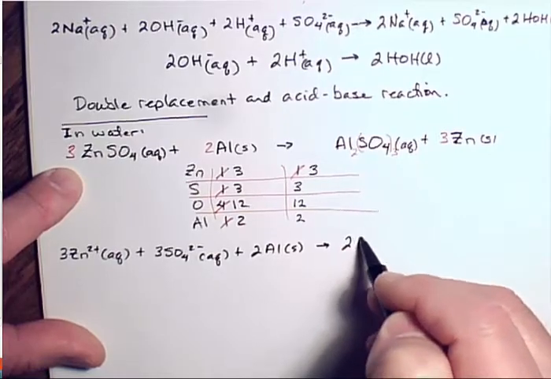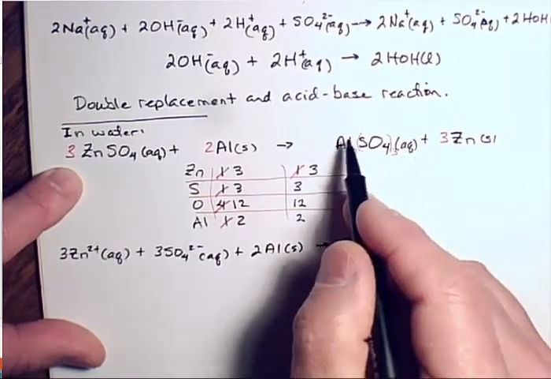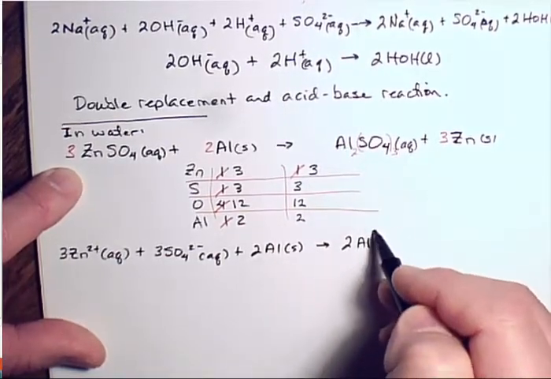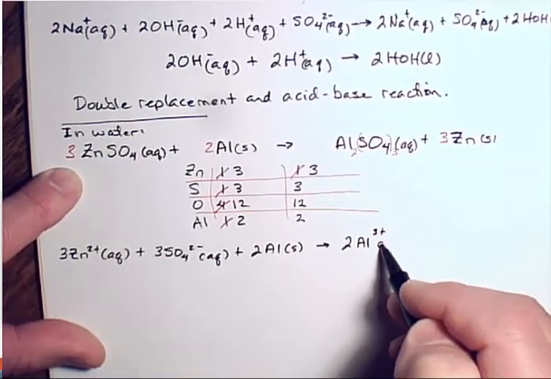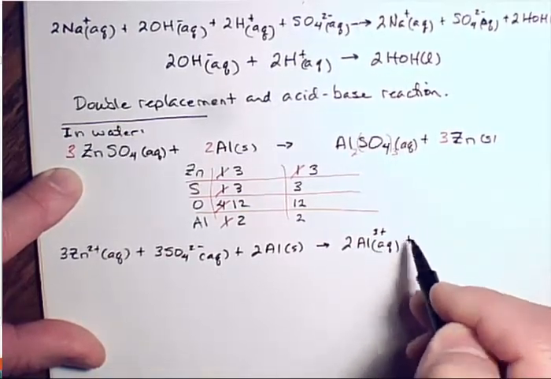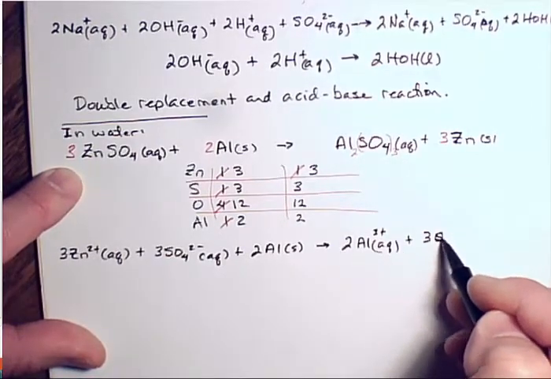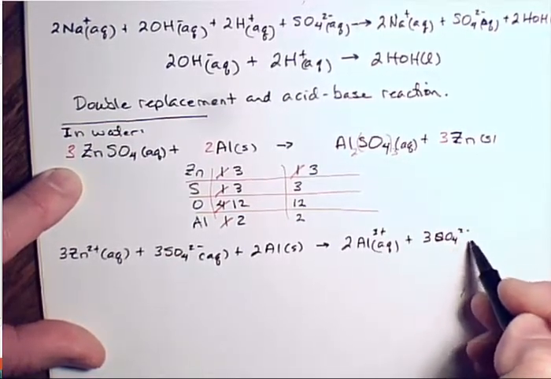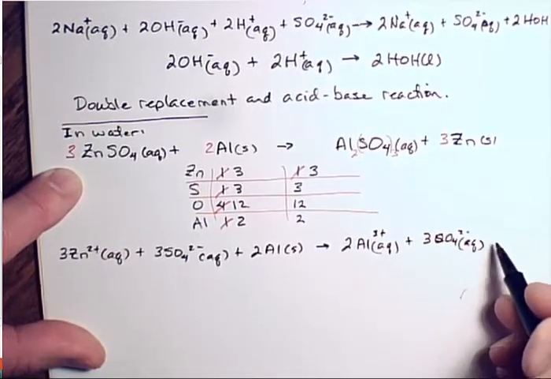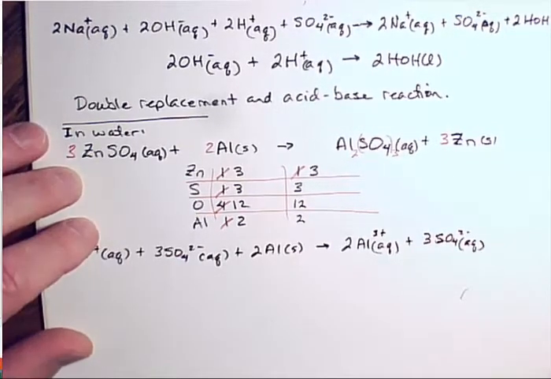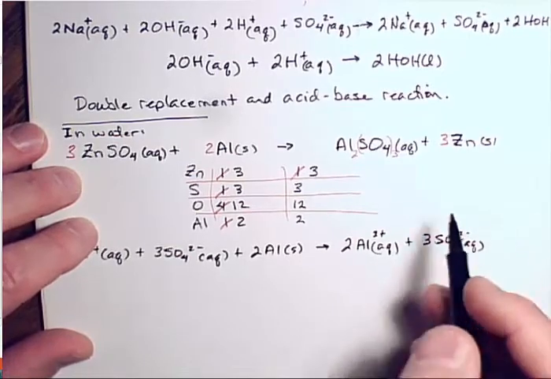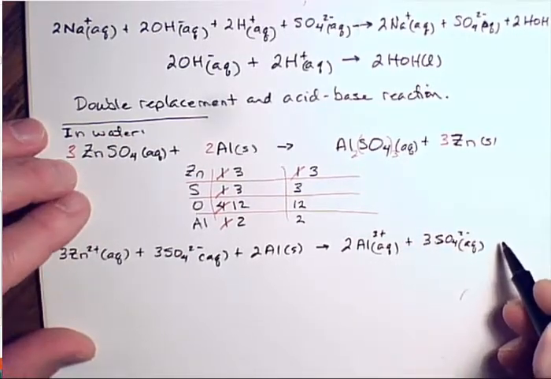And we've got 2 aluminum ions over on this side because this is an ionic compound and it's aqueous. 3 plus. We've got 3 sulfates. Oops, should be SO4. And then we've got 3 zincs over here.